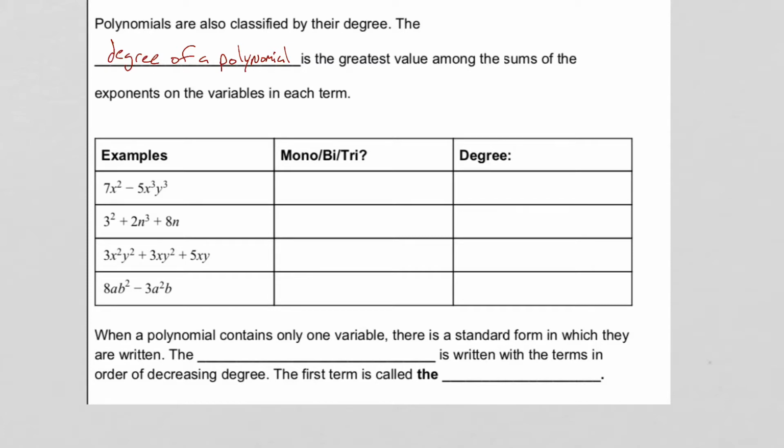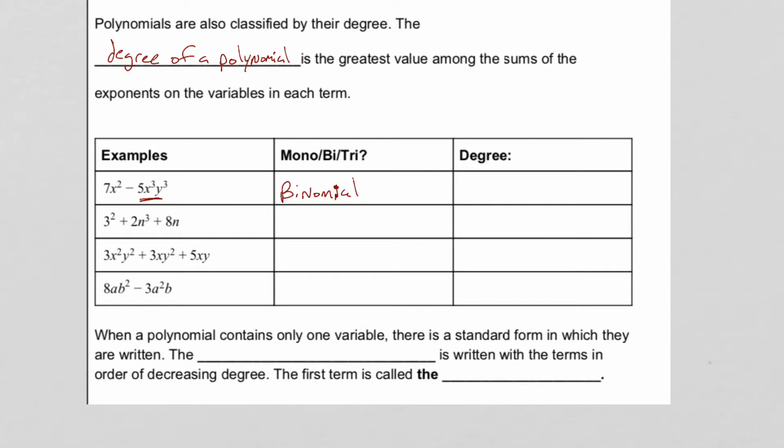So let's take a look at some examples. So in this, they're looking at this particular term, and this is a binomial. And I'm going to have trouble spelling this. Let me see. Binomial. That's supposed to be an I.